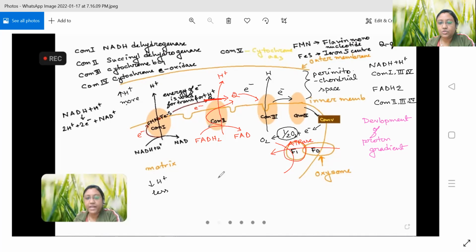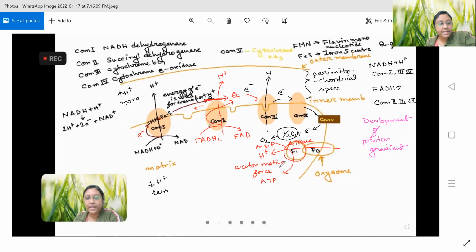So as soon as proton is pushed inside, there will be presence of whom? There will be presence of proton motive force. And by using the proton motive force, ADP will be converted into ATP. So who is doing this? It is done by proton motive force.